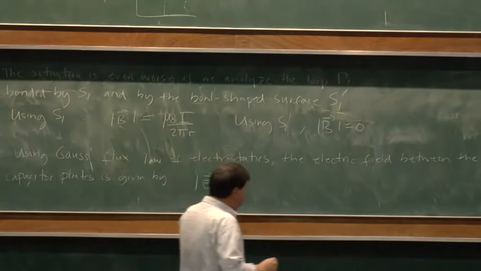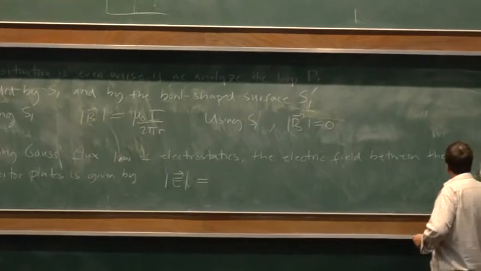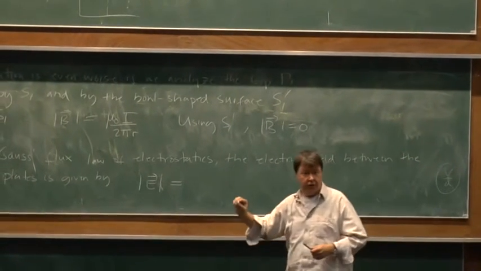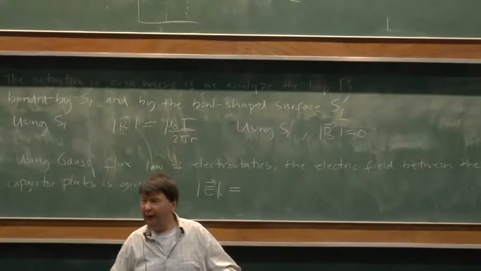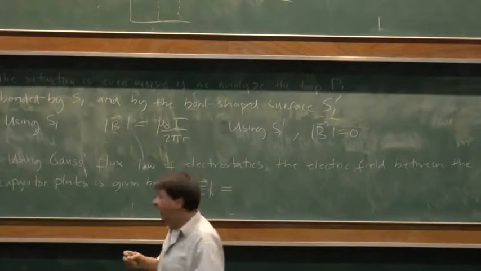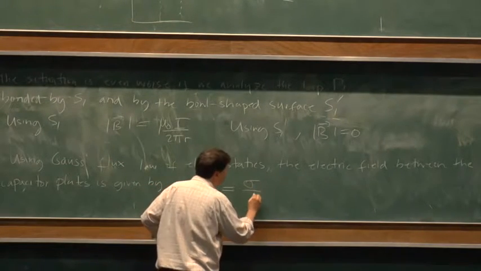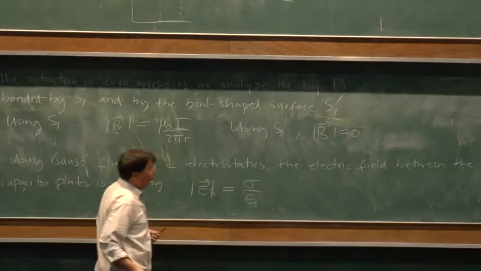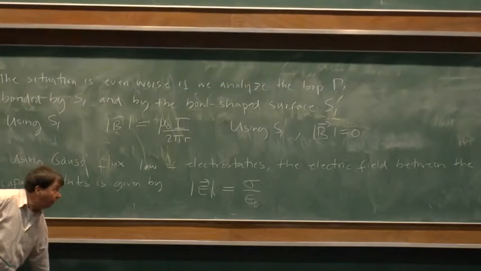You could express the electric field as the voltage divided by the distance. In terms of the surface charge density on the plates, it's equal to sigma over epsilon naught. You've done a lot of electrostatics last year, so you can revise that from your EM1 notes, or from a book like Young and Friedman.